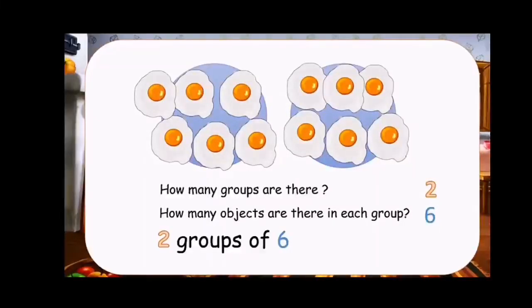So we can represent this given picture as 2 groups of 6, which we can write as 2 times 6. Now 2 times 6 equals 12. That means there are a total of 12 items in this given picture.